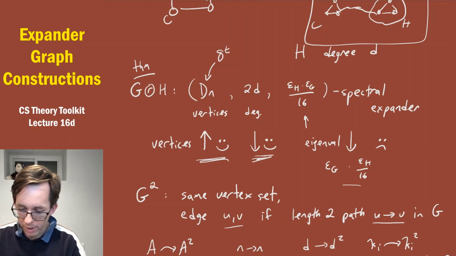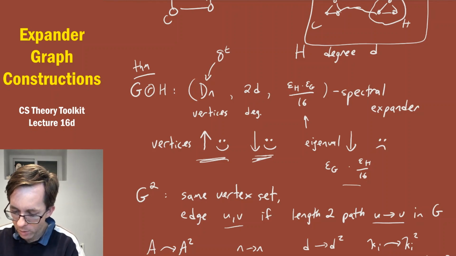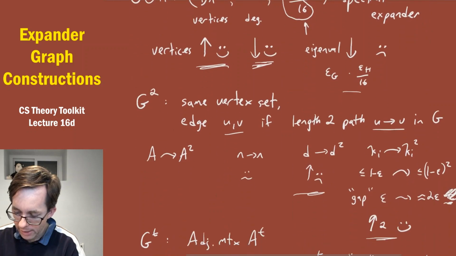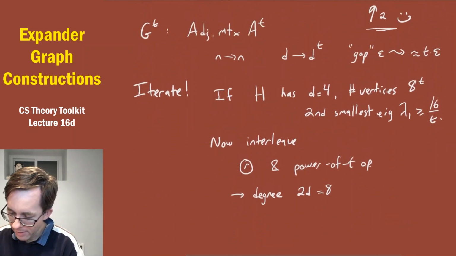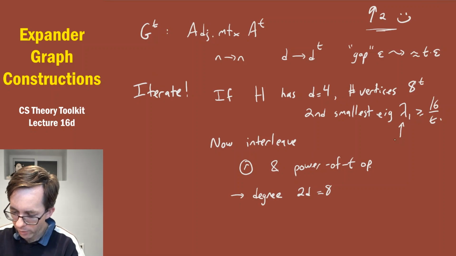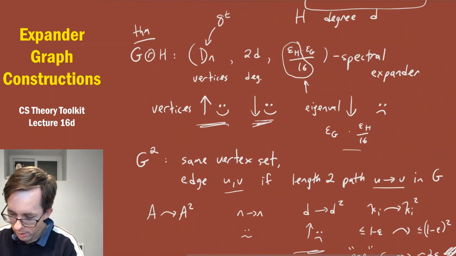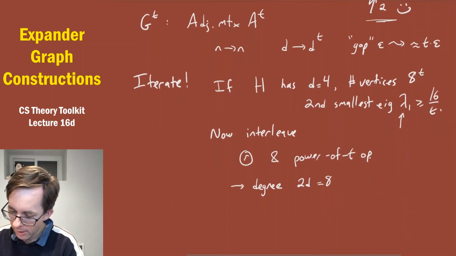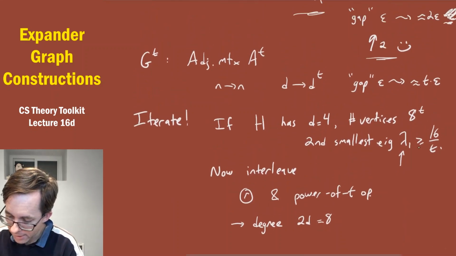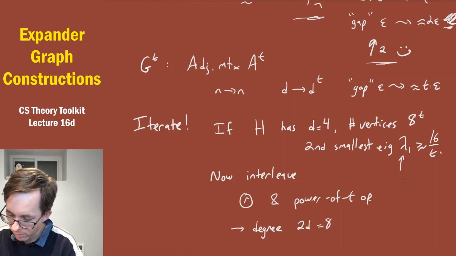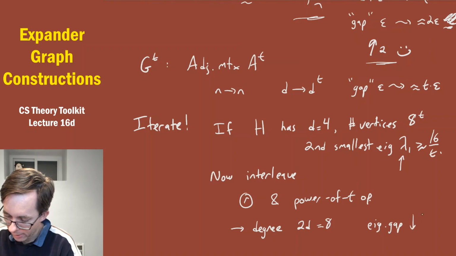So when we do this replacement product, the number of vertices goes up by this constant factor 8 to the power of t, the degree is 2d, and the eigenvalue bound goes down by epsilon H over 18, where epsilon H is about 16 over t. So the eigenvalue gap goes down by around 1 over t.